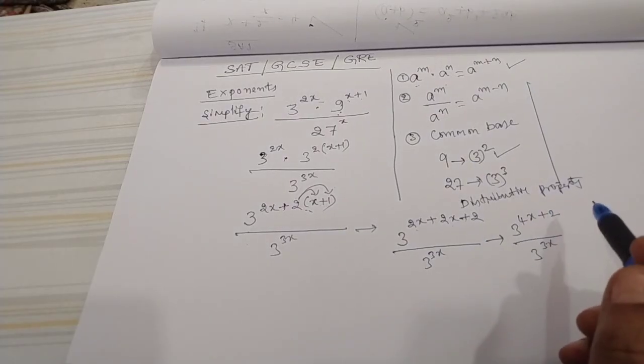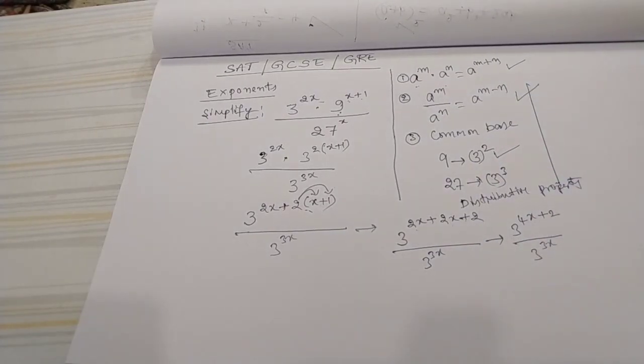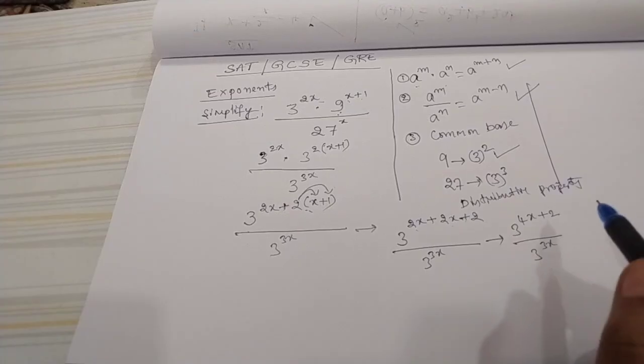Now we apply another formula: a to the power of m over a to the power of n equals a to the power of m minus n.